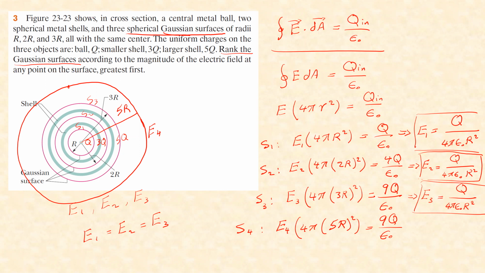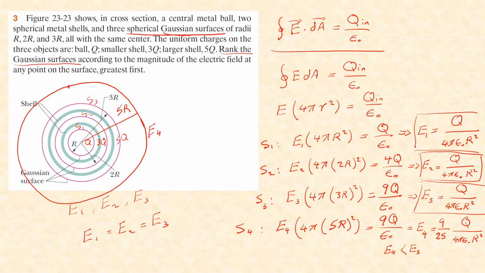And now you see that the 9 doesn't cancel. E4 becomes 9/25 of Q over 4 pi epsilon naught r squared. Now 9/25 is less than 1, so E4 is less than E3 and less than the other ones.